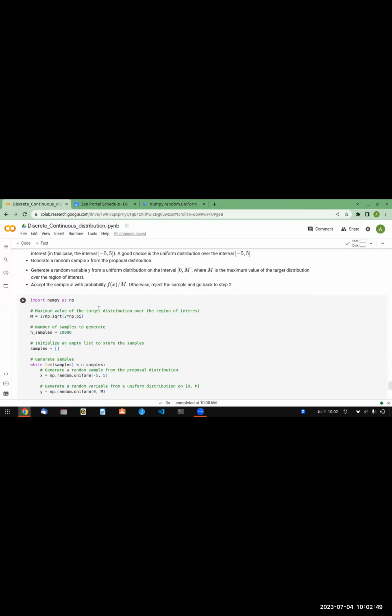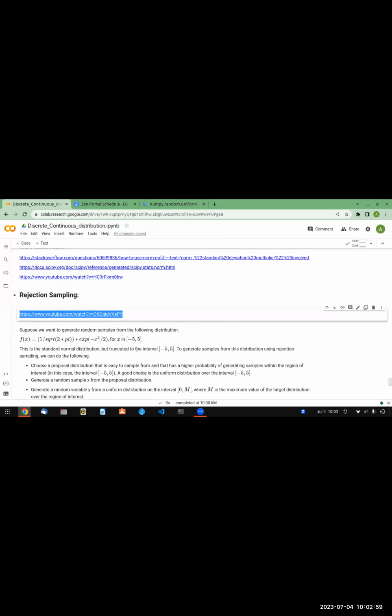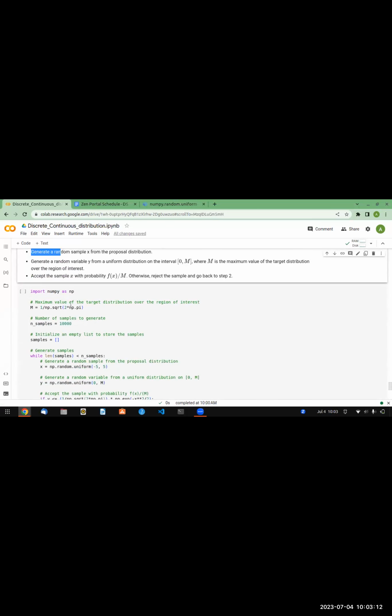Is that fine? Okay, sir. We are doing the same here, taking a sample, but rejection sampling is a different way to take the sample. I have mentioned what rejection sampling is and the steps, and I have provided the code also. You have to go through this and understand it yourself. In case of any issue, tomorrow we'll discuss.